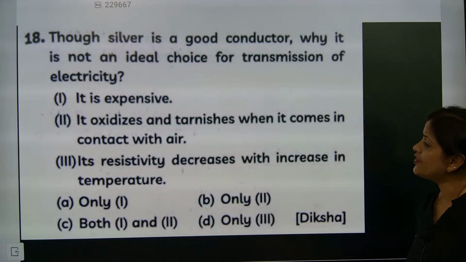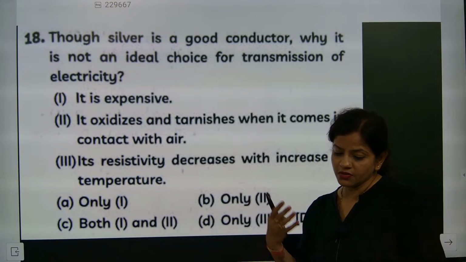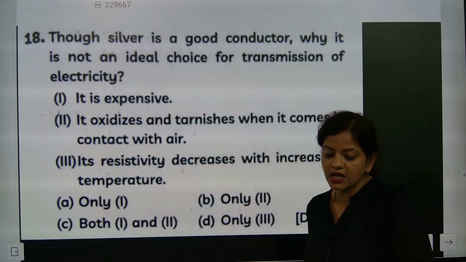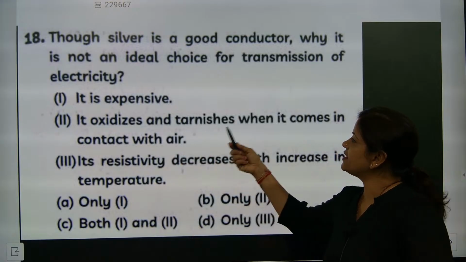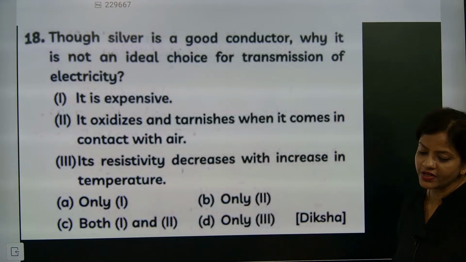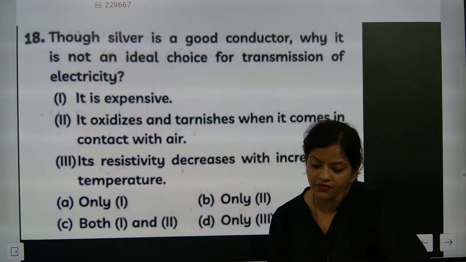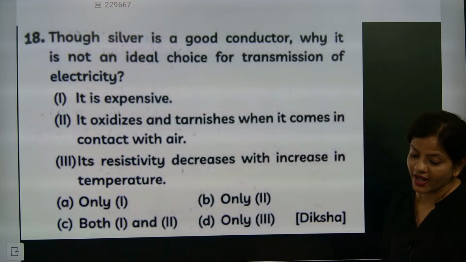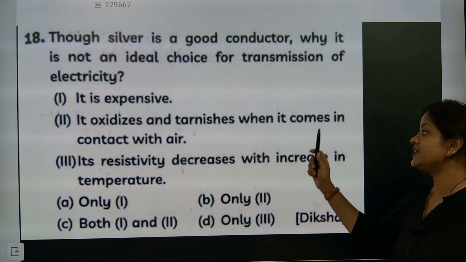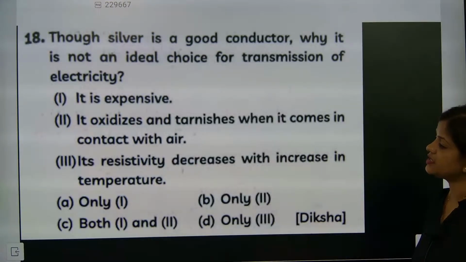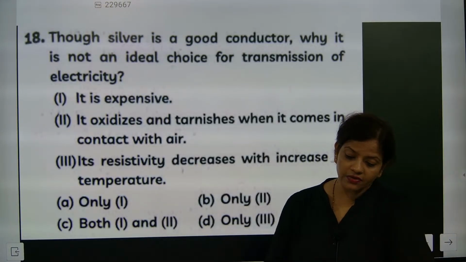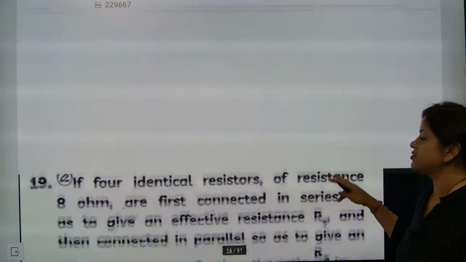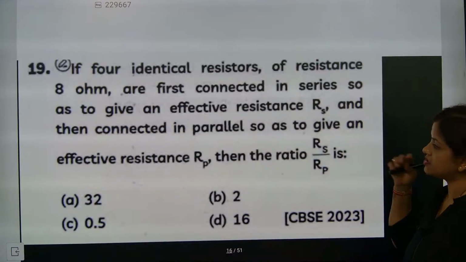So here definitely it is expensive, we cannot convert it into wire. Second, it oxidizes and tarnishes when it comes in contact with air, and because of that only we cannot use it. So the absolutely correct answer is beta, both 1 and 2. Its resistivity decreases with increase in temperature: I think we know that resistivity is an intrinsic constant, it will not change. Sorry, before that I thought about resistance.